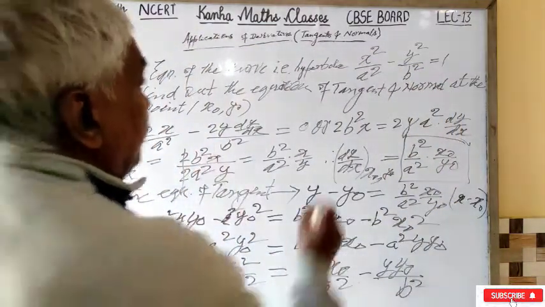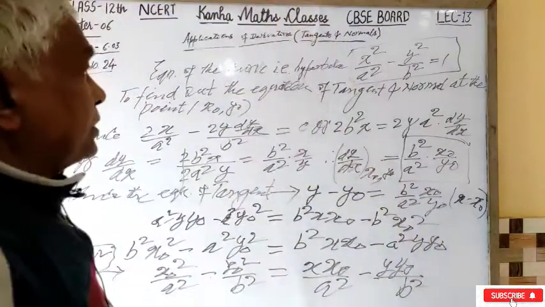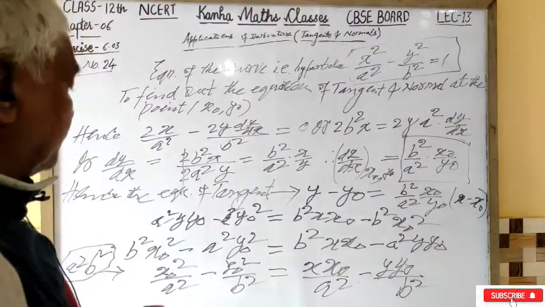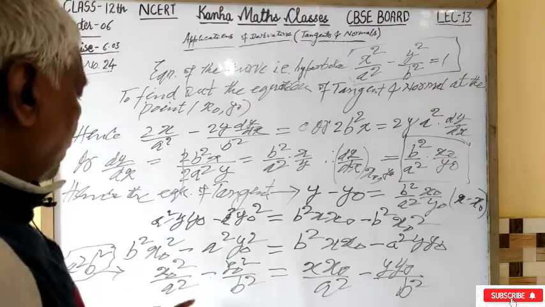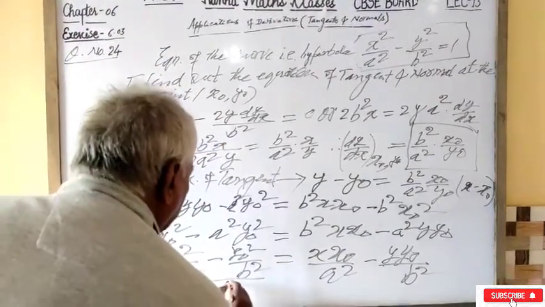Since the equation of the curve is given here, and if you substitute x and y by x0 and y0, you will see this is clearly 1.